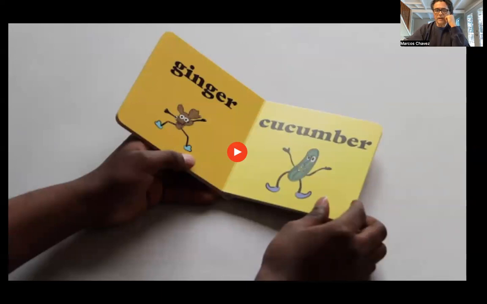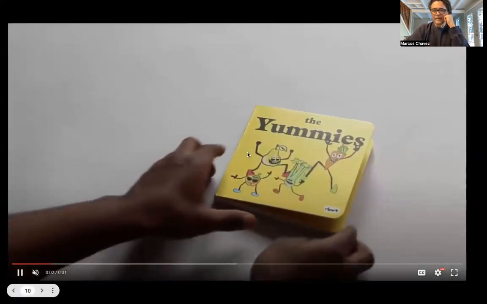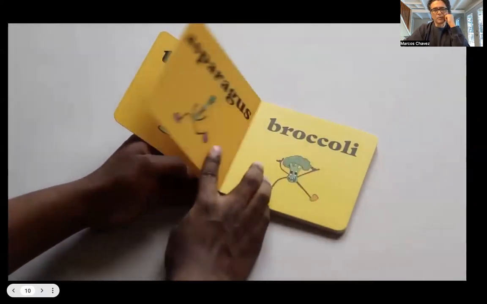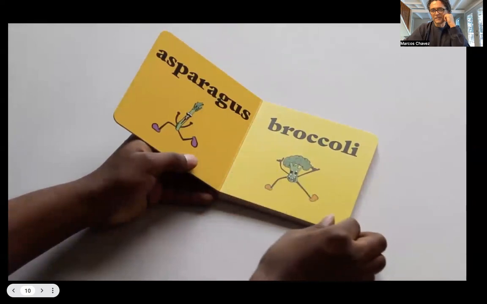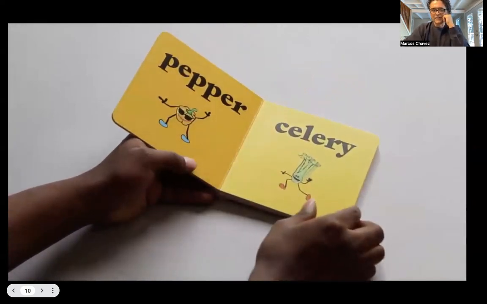And with this book, the Yummies, which I find to be really, really great, and this is super simple, it's almost not even an idea, but it is. It's about introducing kids to their vegetables.